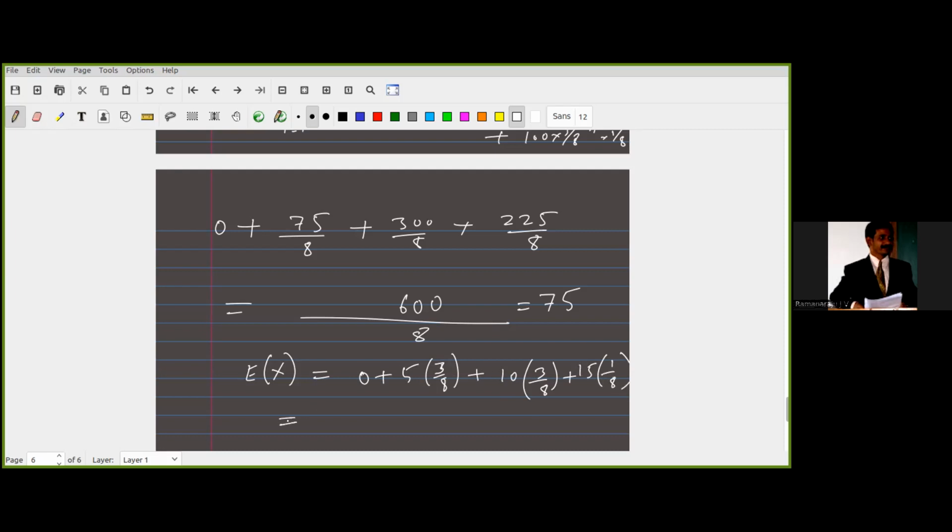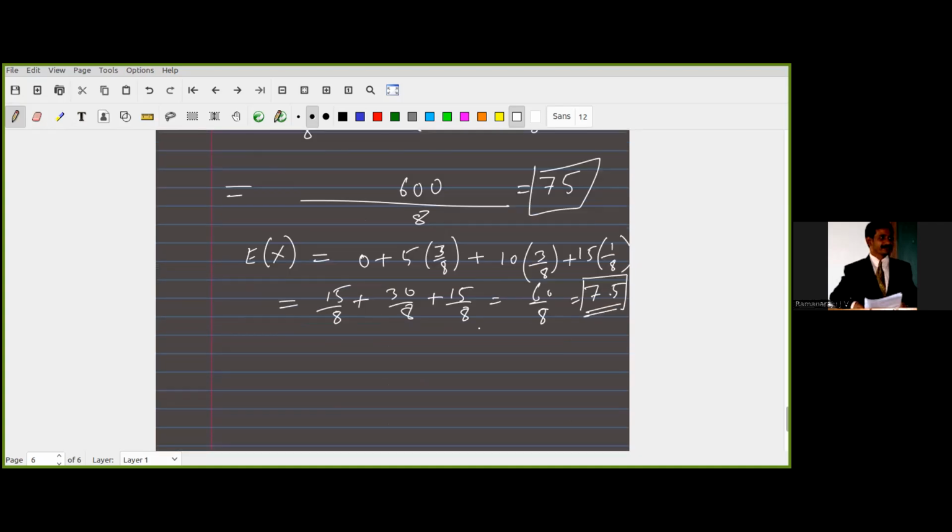So it turns out to be 15 by 8 plus 30 by 8 plus 15 by 8, which is 60 by 8, which is 7.5. So expectation is 7.5. Expectation of square is 75. Just expectation is 7.5.